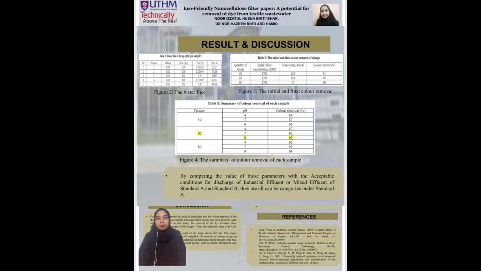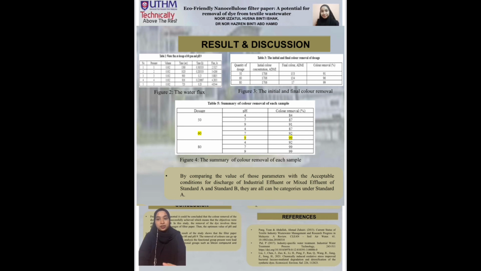Plus, the experiment shows that the color of the sample also decreased from 1706 ADMI to 64 ADMI. The color was measured using the DR6000.